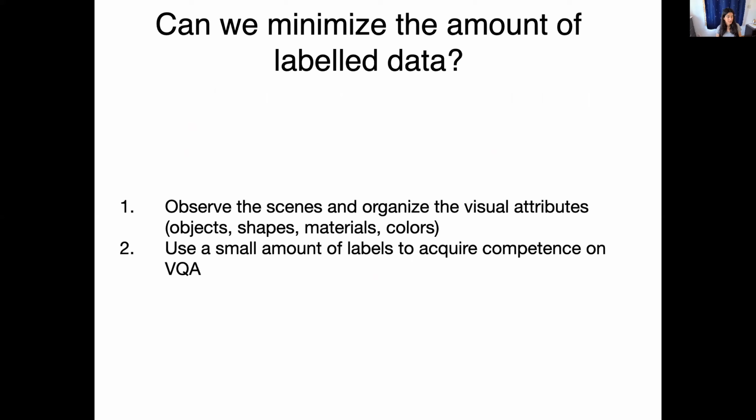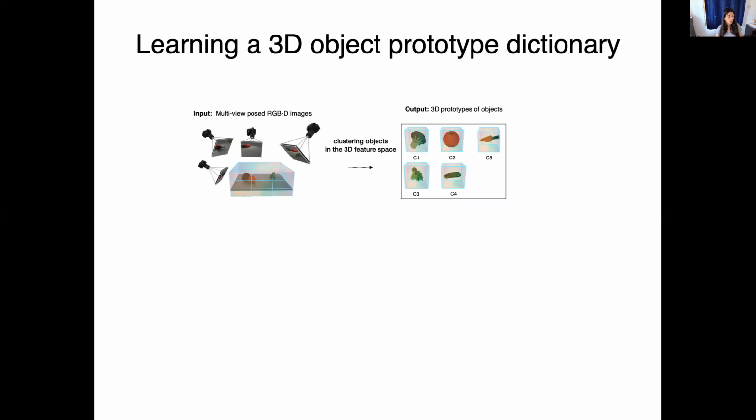Now, can we go ahead and try to use as little label data as we can while answering questions in the presence of images, not just imagination questions, but also questions about referential expressions, about object shapes and materials and colors and so on and so forth. To be able to do that, we first need to discuss a way that just by looking around scenes, exactly what we talked about earlier about this embodiment, how we train GRNs to go from a single image to a 3D feature map of the scene, we need to go further.